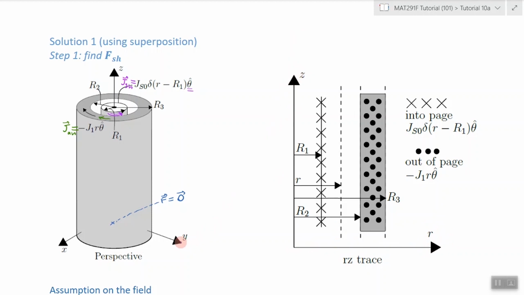The reason why you don't have to specify whether it's yz or xz or some combination of the two is because no matter which theta we take the slice at, we will get the exact same picture. So this is how it looks, and then the sheet current looks like this. It's going into the page.